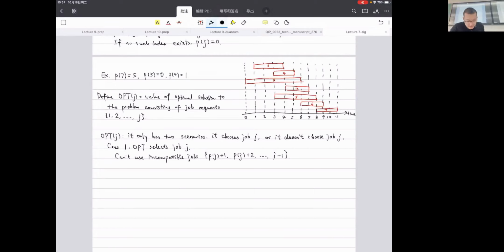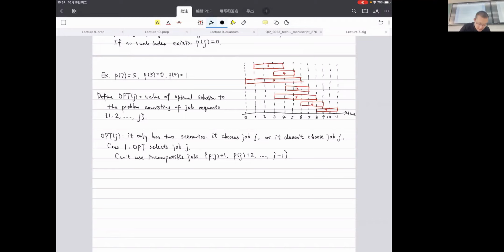Okay, so the point is that according to this definition of P here, we clearly see that we cannot use the jobs PJ plus 1 or PJ plus 2 until J minus 1, because they are incompatible with the job J that we are choosing here.